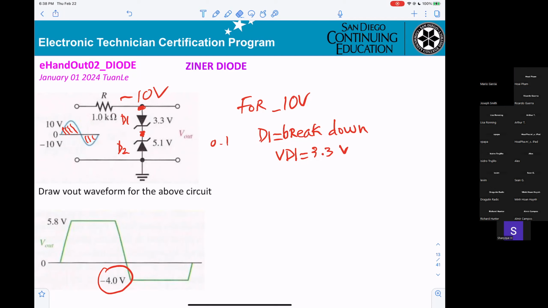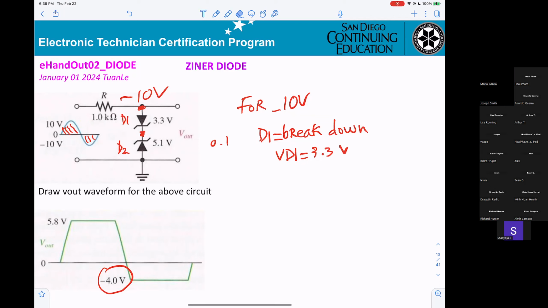And this side will be negative 0.7. One will be minus 3.3, and the other one will be minus 0.7.